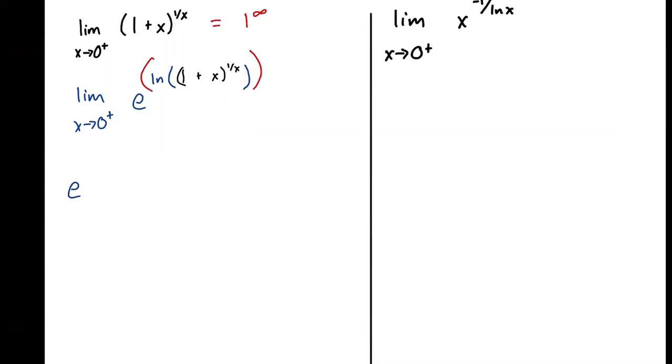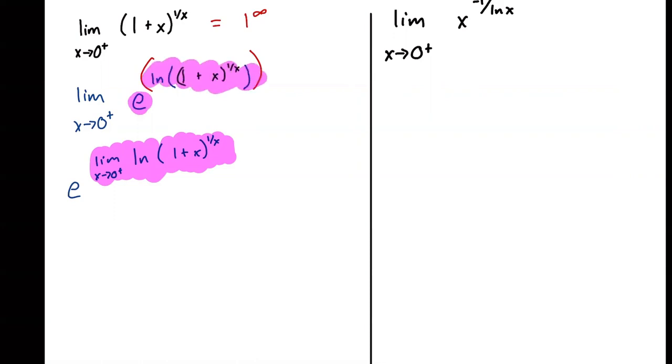So I'm going to be looking at the limit as x approaches 0 from the right of ln of (1 plus x) to the 1 over x. So again, what I am now going to do is find the limit of this right here. Limits can be brought inside compositions. So again, this is a composition function where e is your outer and this is your inner. So I just brought the limit inside.